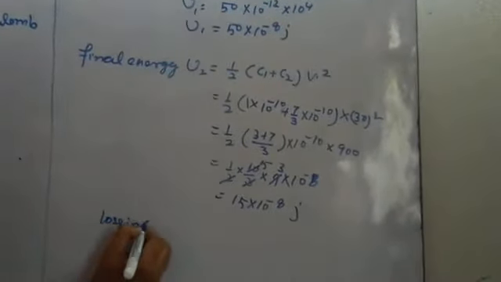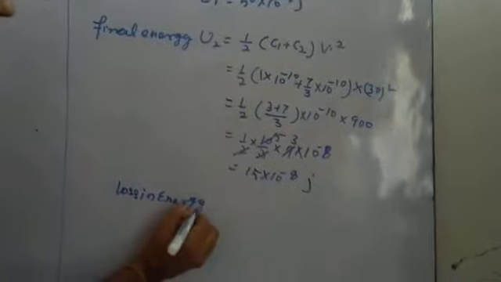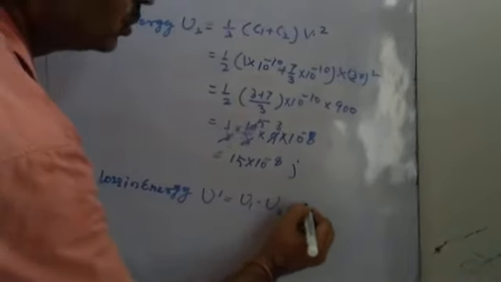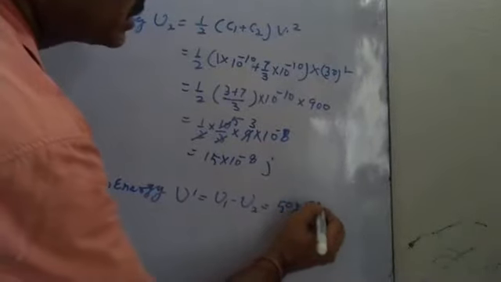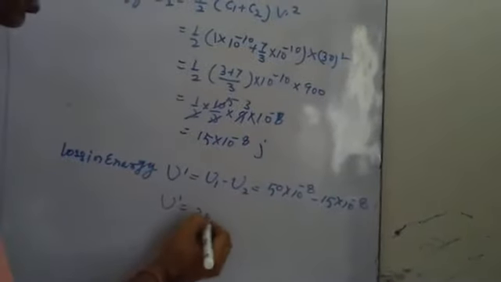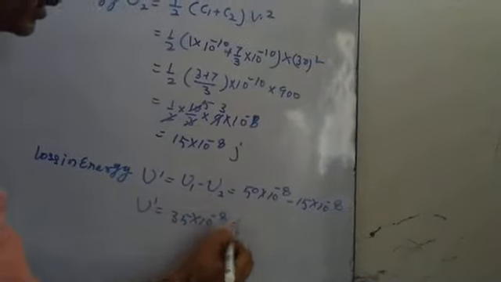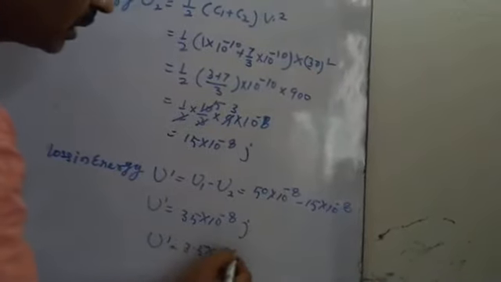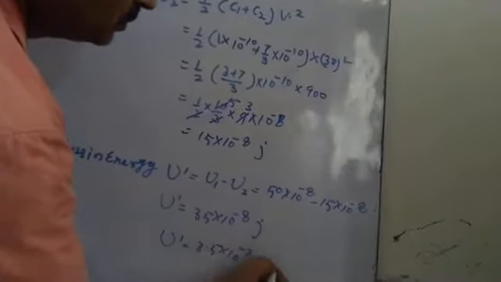Loss in energy, U dash equal to U1 minus U2, 50 into 10 power minus 8 minus 15 into 10 power minus 8. U dash equal to 35 into 10 power minus 8 joule, or U dash equal to 3.5 into 10 power minus 7 joule.